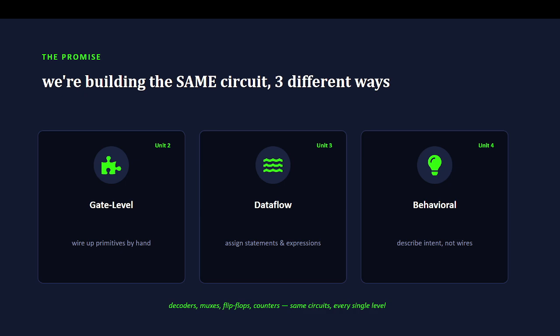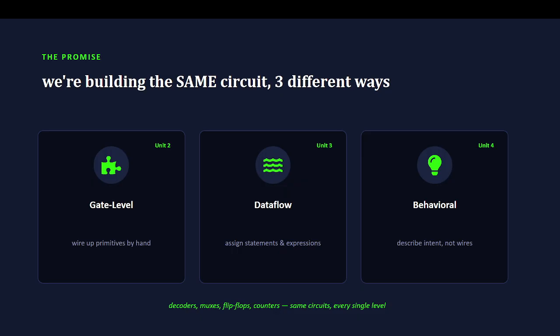Okay, here is why I have been hammering this so hard. Remember the syllabus, Unit 2, 3 and 4: gate level modeling, data flow modeling, behavioral modeling. Those aren't three random unrelated topics you have to survive back to back. Those are literally the same three levels we just walked through, and in every single one of those units, we are going to build the exact same circuits, decoder, multiplexer, flip-flop, counters, using that unit's level of abstraction.